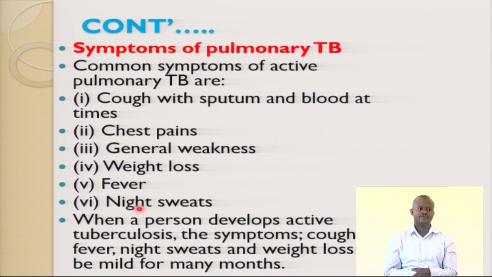There is chest pain. When you have some signs of chest pain, automatically you start suspecting you are suffering from TB, tuberculosis. Number 3, there is general weakness. A person is always weak. General weakness.